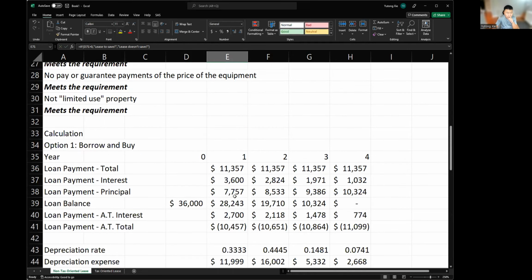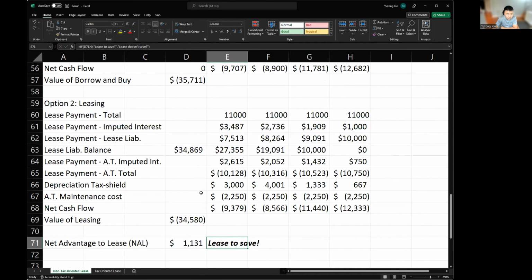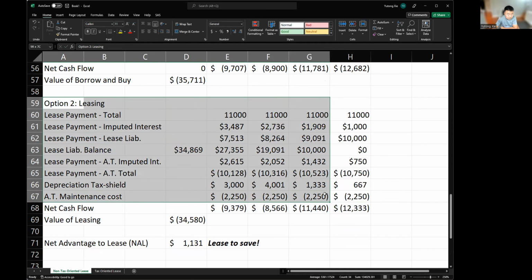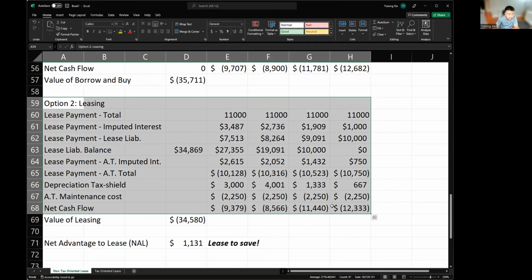So once again, these two models should serve the purpose to help you understand how this process works and what are the important things that are going to happen to your income statement and balance sheet if you decide to lease or if you decide to borrow and buy.